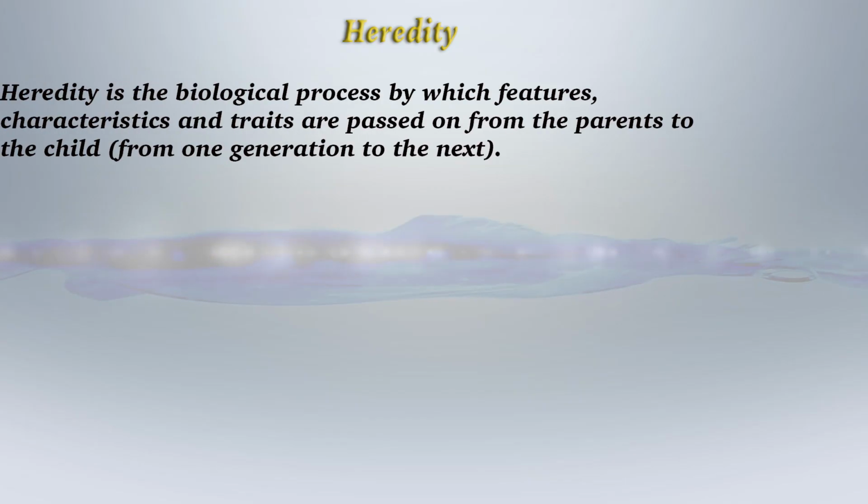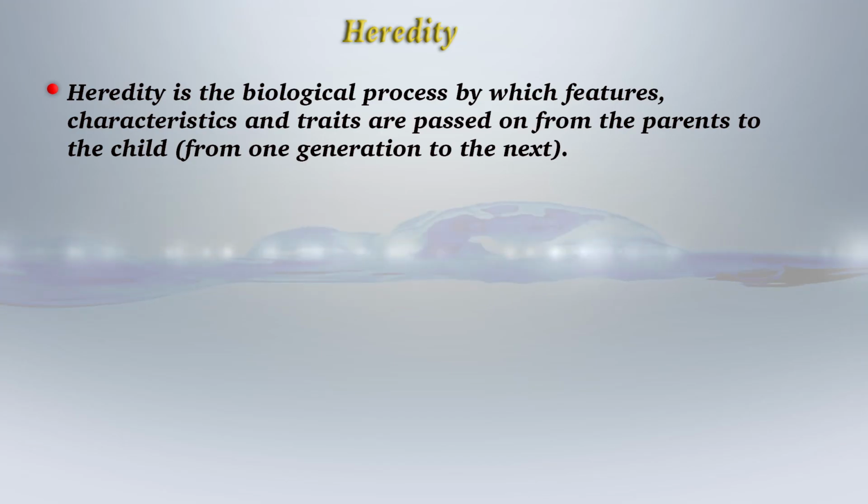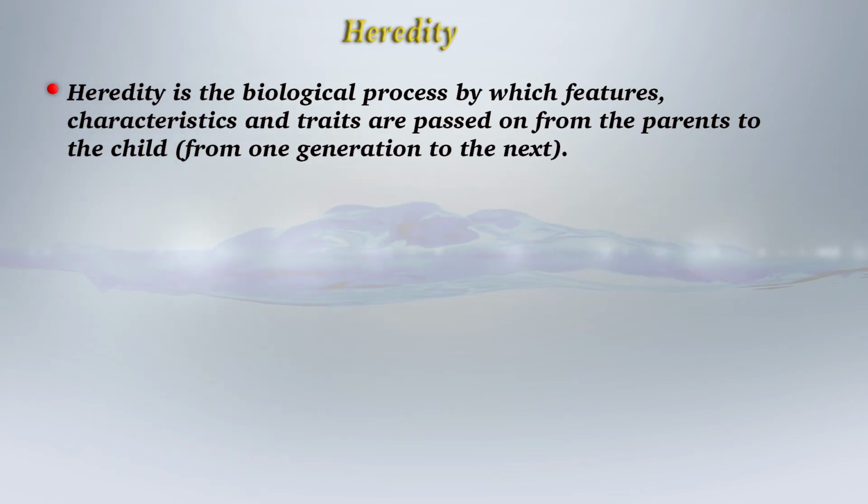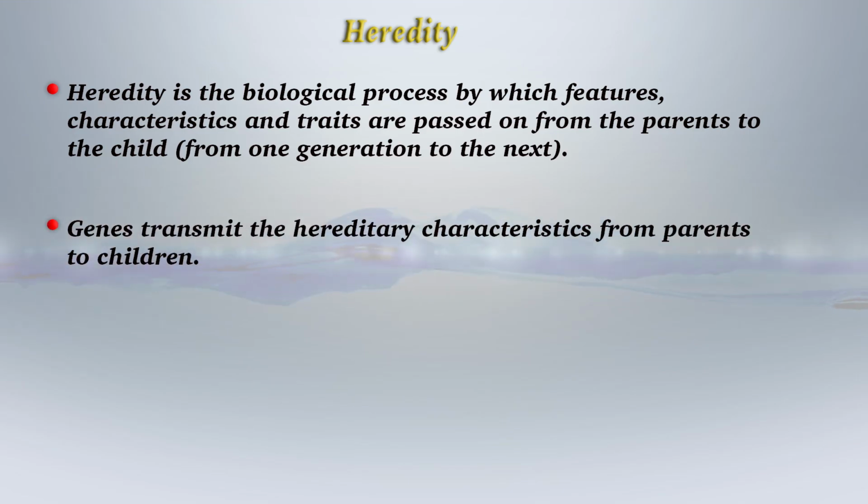Let's understand first what we mean by heredity. So, heredity is the biological process by which features, characteristics and traits are passed on from the parents to the child, that is from one generation to the next. Now, what is it that is responsible for this transmission? It is the genes. So, genes transmit these hereditary characteristics from parents to children.